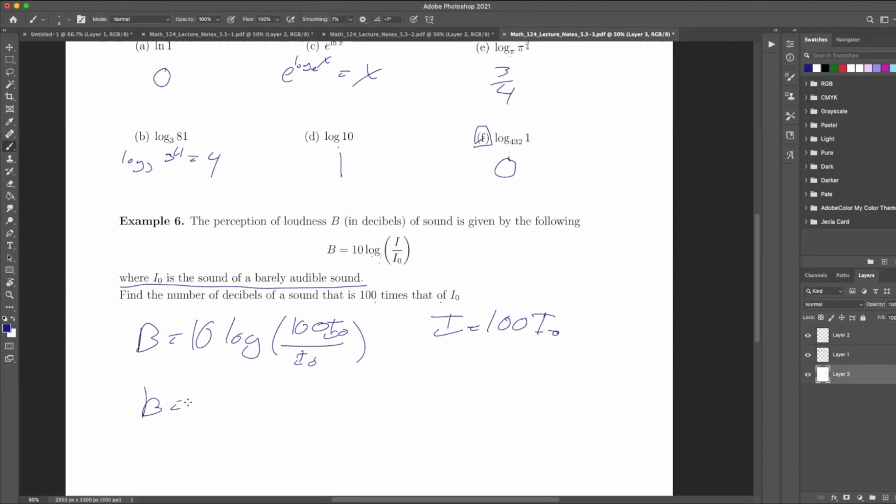These I naughts cancel, so 100 means 10 times the log of 10 squared. So the log is 2, so it'll be 10 times 2, which is equal to 20. So something that's 100 times louder than barely hearable is 20 decibels. I'm going to put a little star right here.